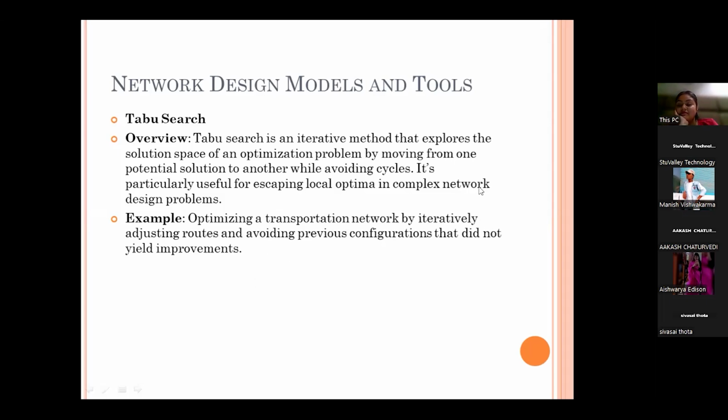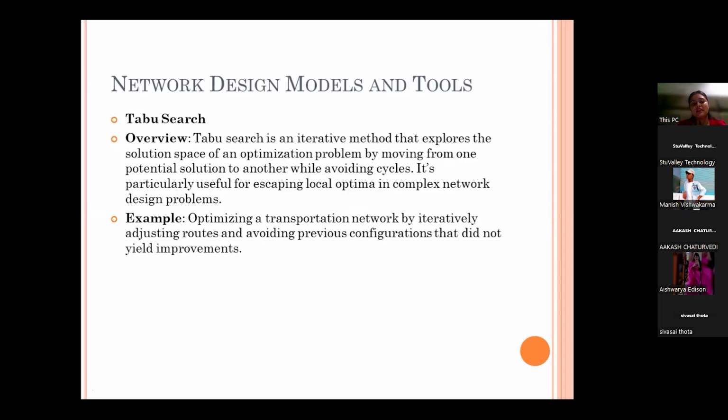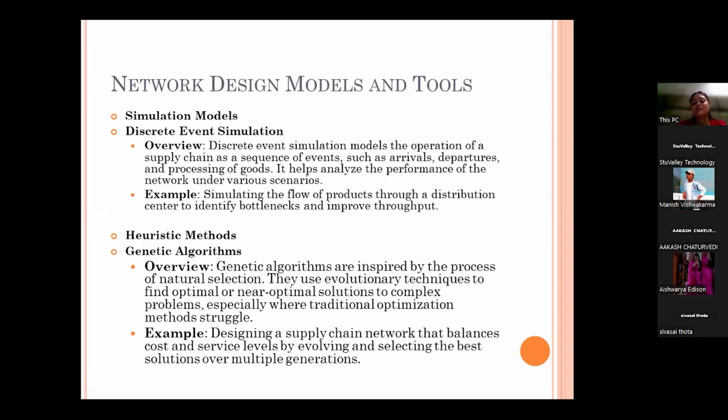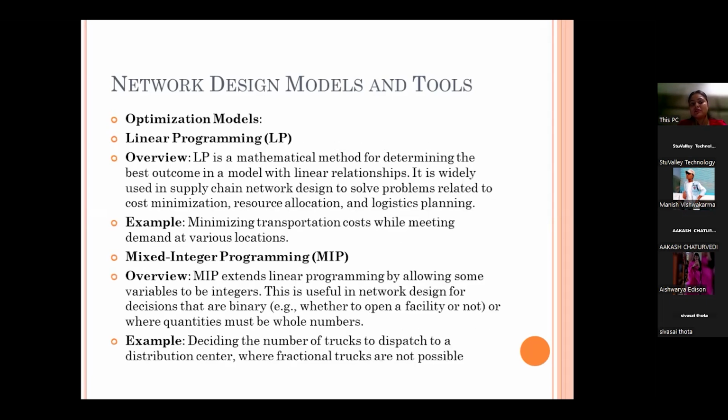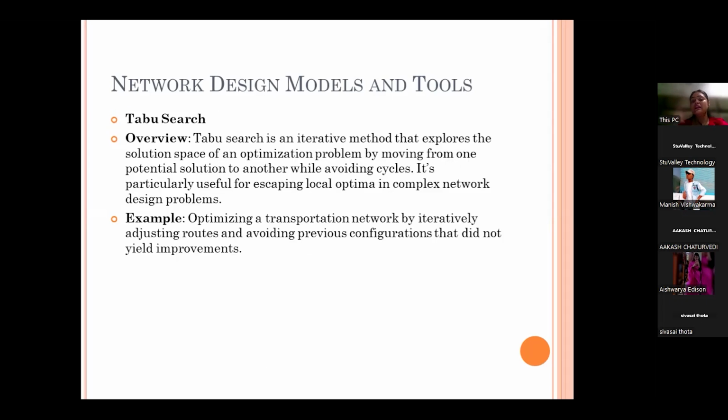Is it understood, or shall I also explain it in the next session? Next class, I will go through the Google, and next class I will ask. So I will suggest every student to search for the heuristic methods and the taboo search. These two methods are very new to industry and very useful compared to the traditional methods we are using, because they are based on algorithms, based on AI, and based on iterative methods.